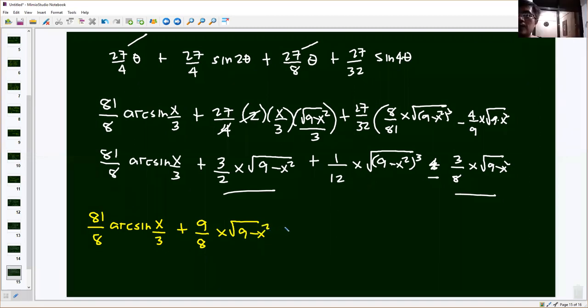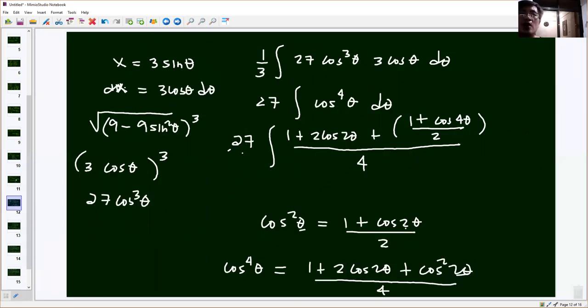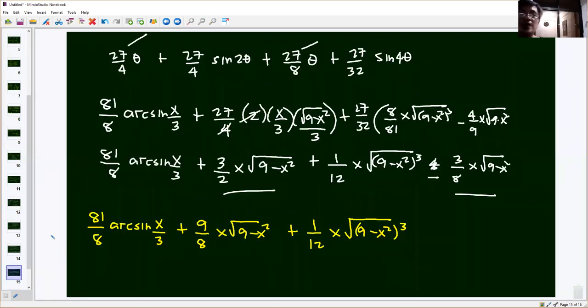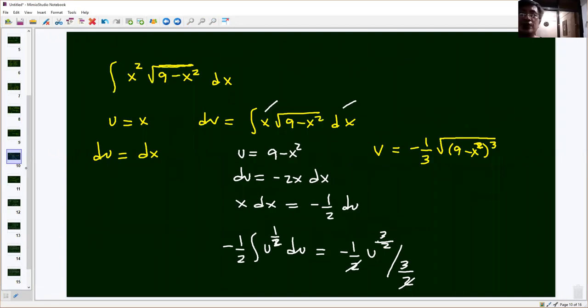Now, meron tayong problema rito, 1 over 12 x square root of 9 minus x squared cube. Remember, meron yan kanina. Meron na tayong naunang nakuha. This one, plus, ito yung trig sub. So, i-add ko yung kanina, na kanina pa nandun na nag-aantay ng kapartner.